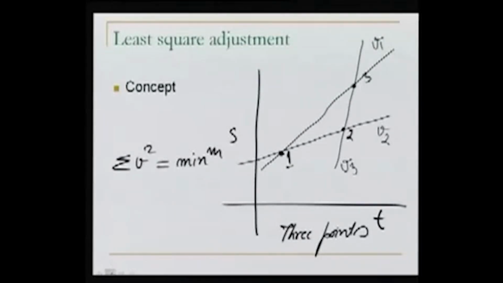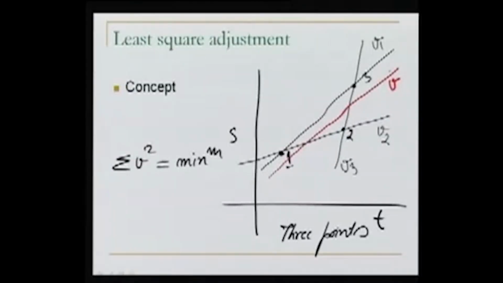Fine. What we do, we try to fit a line here. Okay, let us say we fit a line which is like this, and we say this value V is the most representative value. What is the meaning of that?